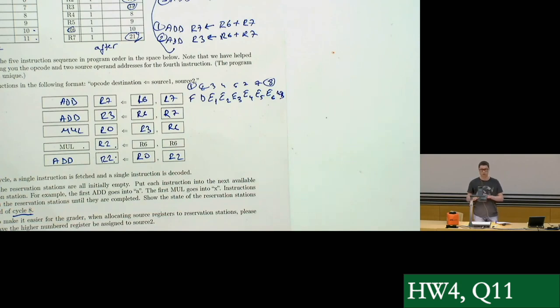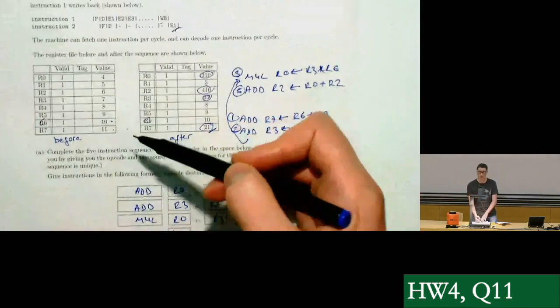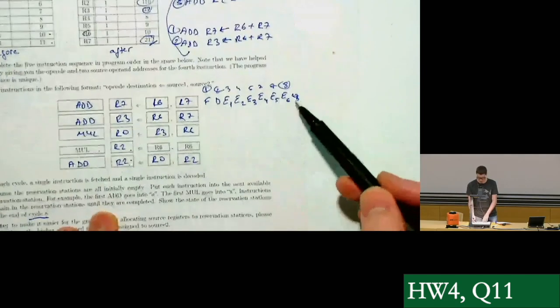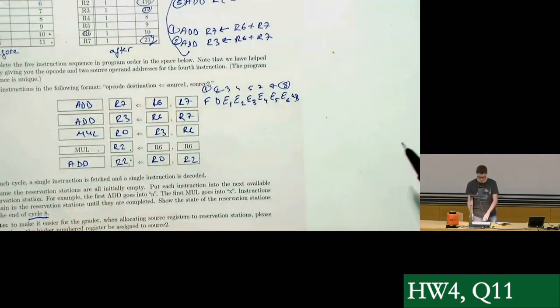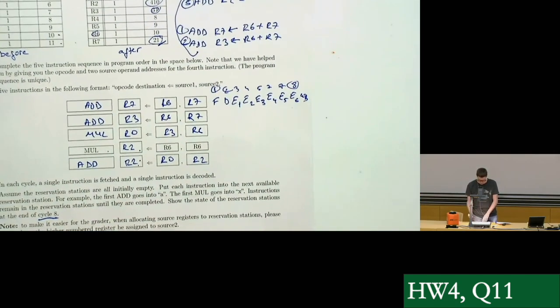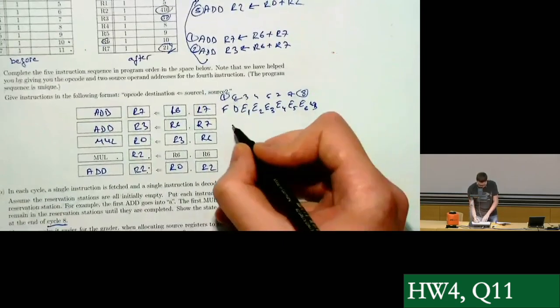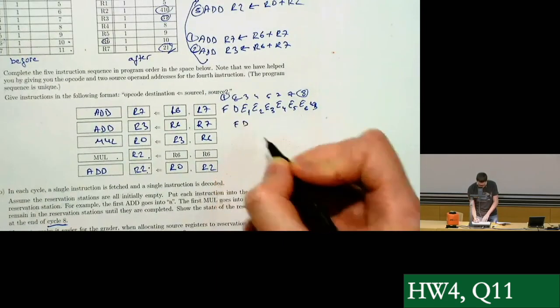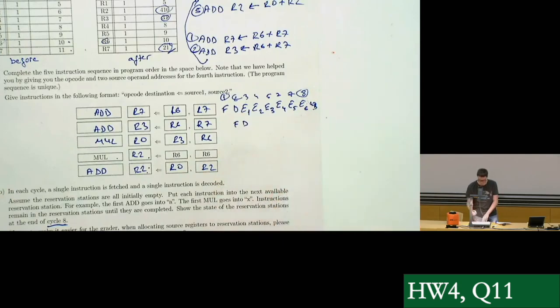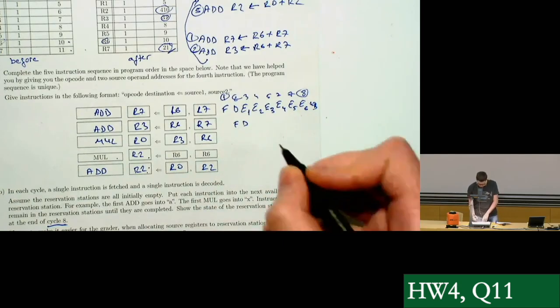Okay, so then at the end of cycle 8, we have no updates in the register table, right? In terms of final values here, because we didn't perform any write back yet for any of the instructions. But what happens is, we have enough time until cycle 8 to fetch and decode all the instructions here.